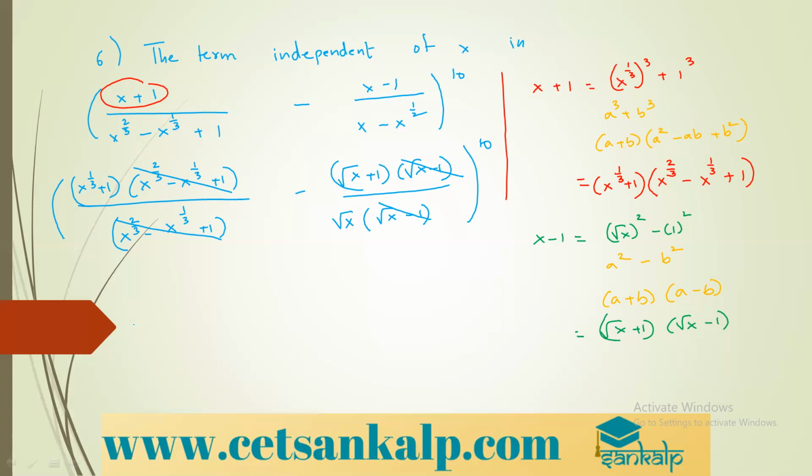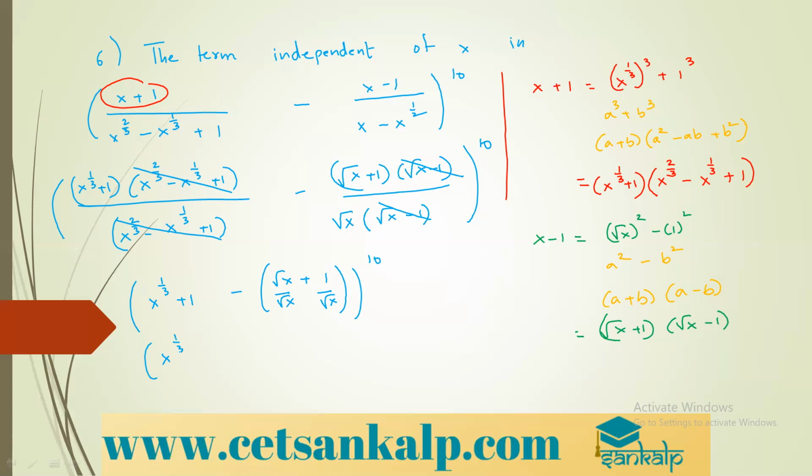So after doing all these simplifications, I have x power 1 by 3 plus 1 minus root x plus 1. I will divide by root x here, whole power 10.